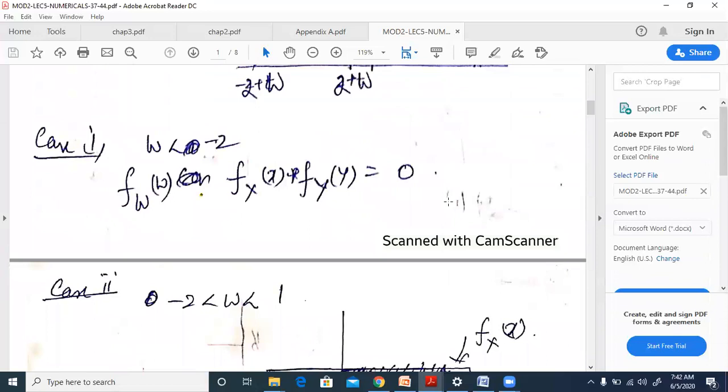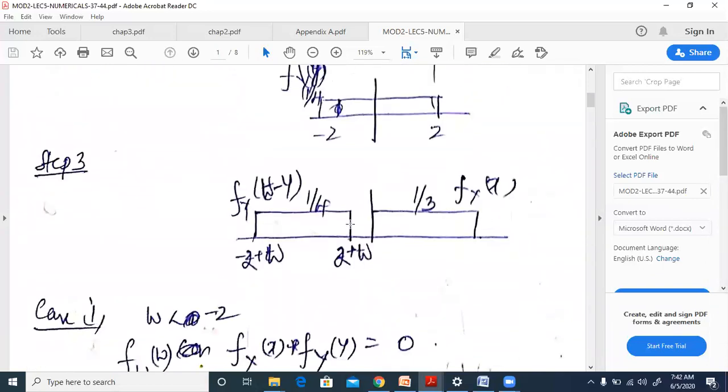Next, once this point crosses this, that means once w is greater than 1, we'll have full overlap till the time this point crosses that point. And when will this point cross this? -2 plus w equal to 0 is the place at which it will just cross, and that is w equal to 2.